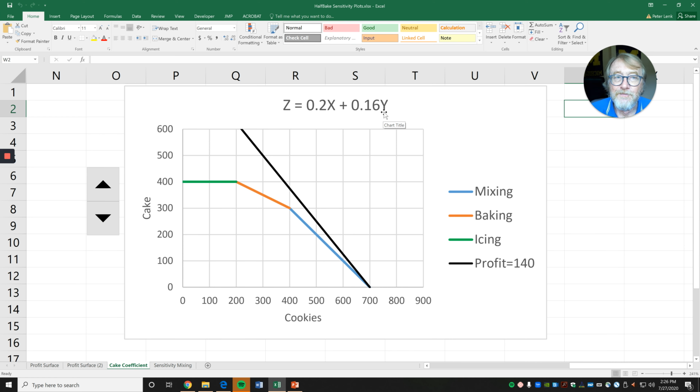And secondly, cakes consume more oven time, and oven time's expensive. So yeah, just make cookies, and that's what we have. Even as we shrink down the coefficient for cake, we just end up with 700 pounds of cookies and 0 pounds of cake. So we go from being a diversified bakery to a specialist bakery that only makes cookies.